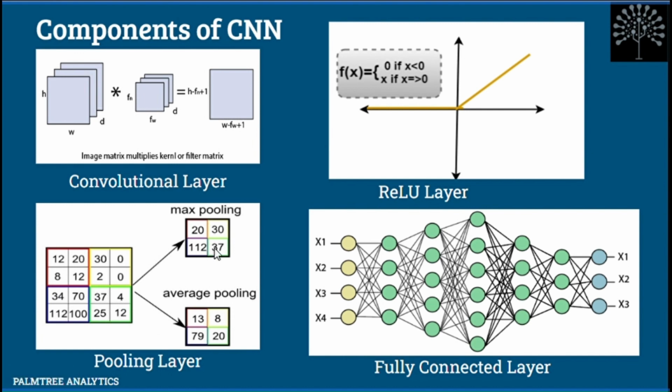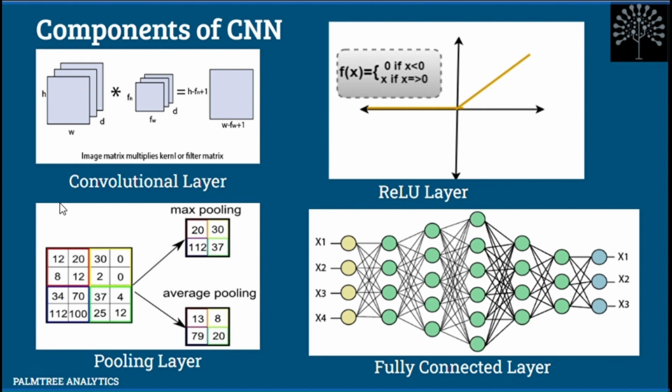In average pooling we take all the values, sum them, and take the average. So 32 divided by 4 becomes 8, like that. Depending upon which technique is used, this is again a tuning parameter. If at the initial level you are not getting good results, we can reduce or increase it, or use a different kind of pooling technique.